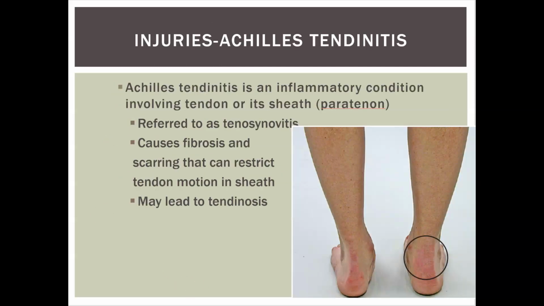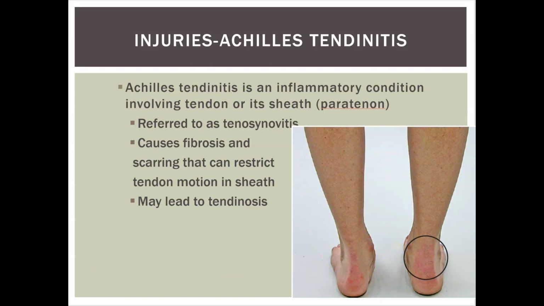Looking at this, you guys can hopefully see the right Achilles is definitely much more red than the left, and more swollen. The tendon sheath can be affected and can lead to tendinosis.